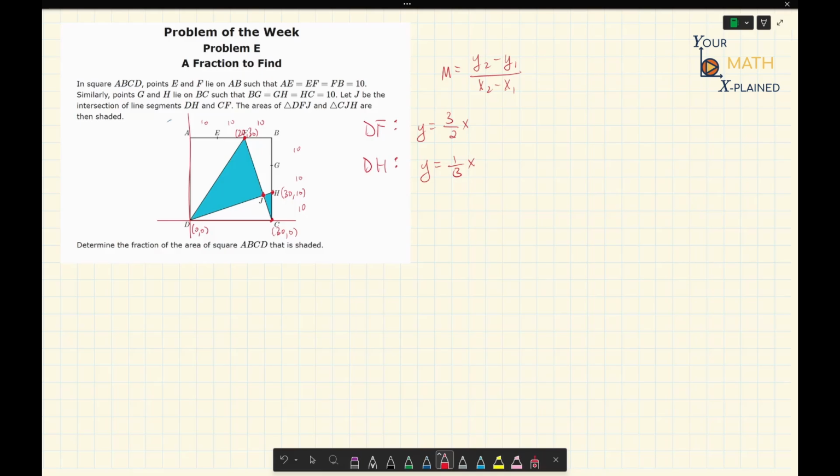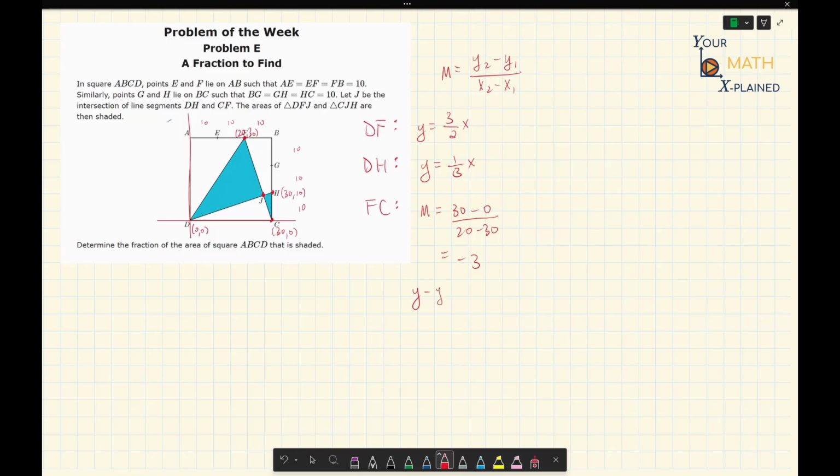The line that we haven't done yet is FC, and that probably is the one with the most amount of work because we've got two coordinates that aren't 0, 0, and we'll have to use the calculations to do that. So the slope formula here would be 30 minus 0 over 20 minus 30, which works out to negative 3. And one helpful tool for writing the equation of a line is the point-slope formula.